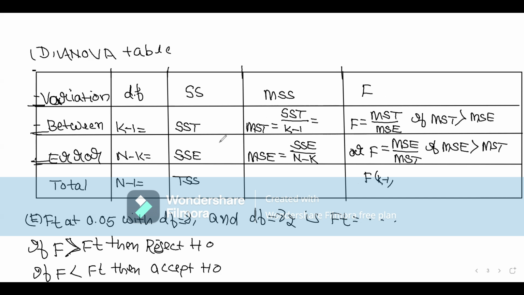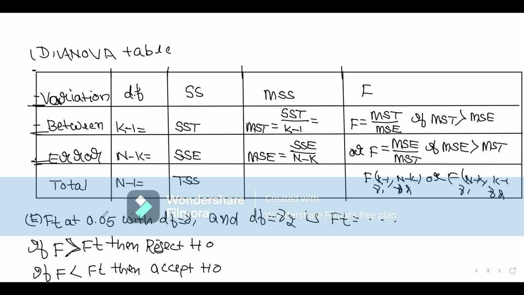Then MSE degrees of freedom, N minus K. This is mu1 and this is mu2 while calculation. Or it may be the other way also. Suppose MSE means N minus K, comma K minus 1. Now this becomes mu1, this becomes mu2 in a table.